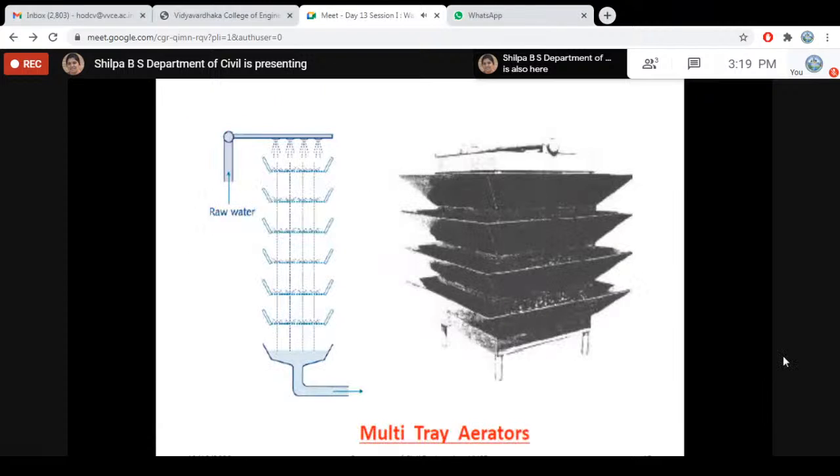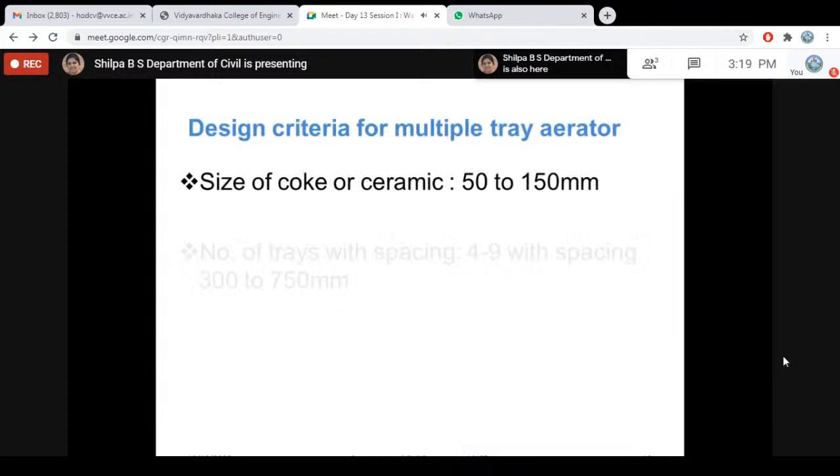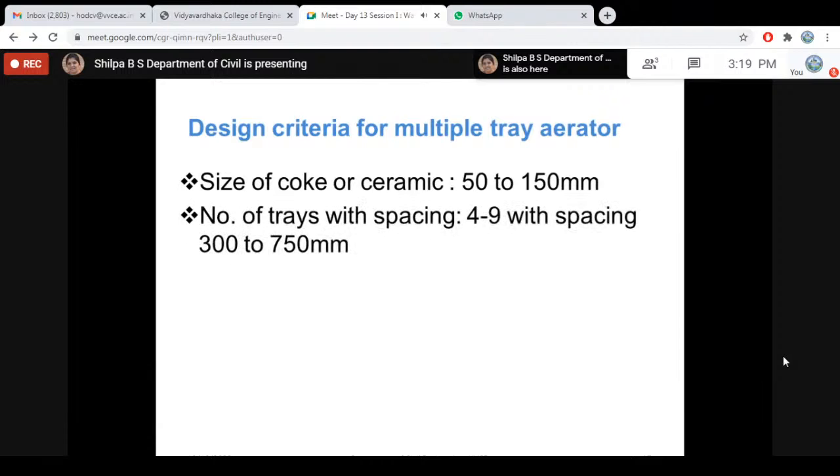Another type of aerator is the multiple tray aerator, as you are seeing in this schematic representation, where we have a number of trays placed at certain spacings. Coke or ceramic is placed in these trays, with a size of about 50 to 150 mm.